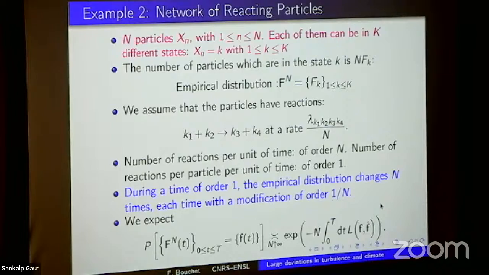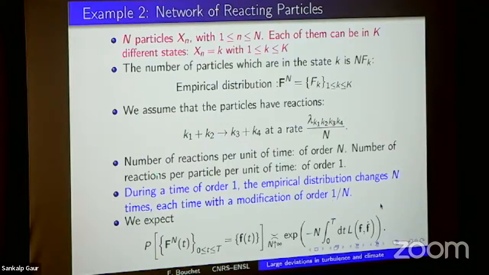Now I will assume a dynamics, and the dynamics here is just that the particles react. So a particle of type k1 can meet a particle of type k2, and then they will react, giving particles of type k3 and k4. And I call the rate lambda divided by n. And so you have a two-body reaction with given rate lambda.